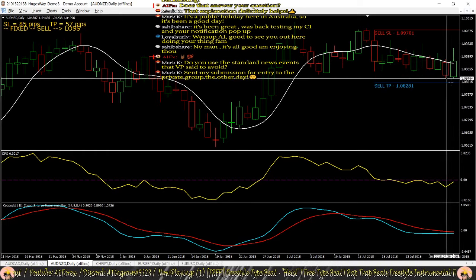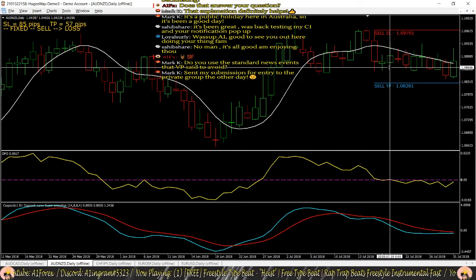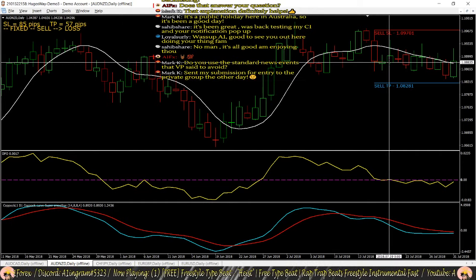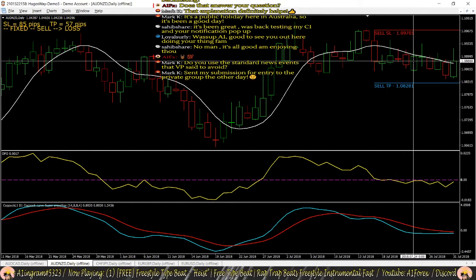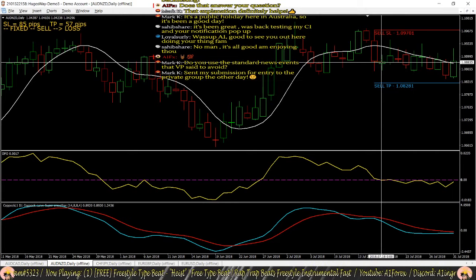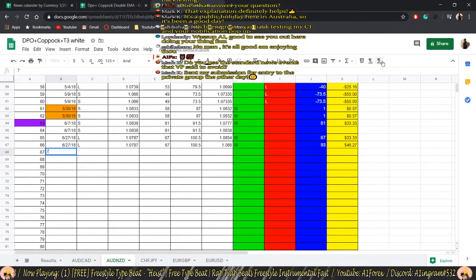Alright, there you go. So this was a good nothing trade because it was a loss, but my baseline turned it. It's still a loss, but it's a smaller loss. So in my book, that is a W.